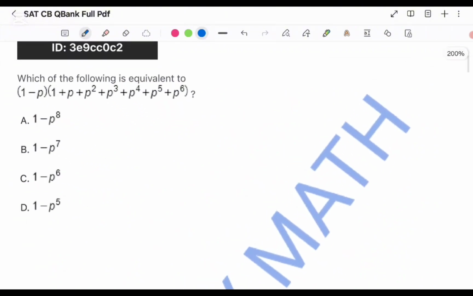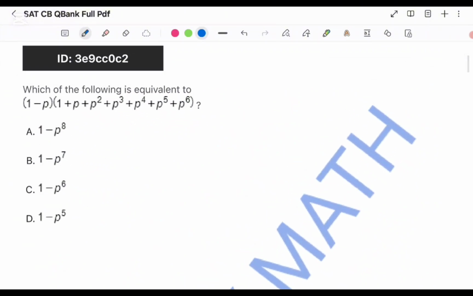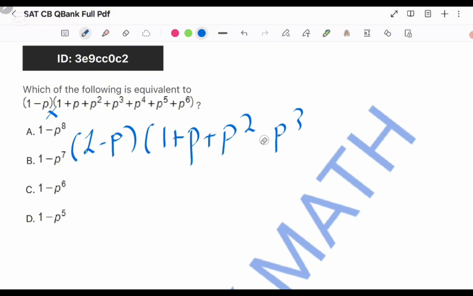Let's go ahead with this one though, which is equivalent to this. You can see that here there is some sort of multiplication going on, so there's going to be 1 minus p, and then you're going to multiply this by the whole bunch of p's in here. P power 3, p power 4, p power 5, and p power 6.